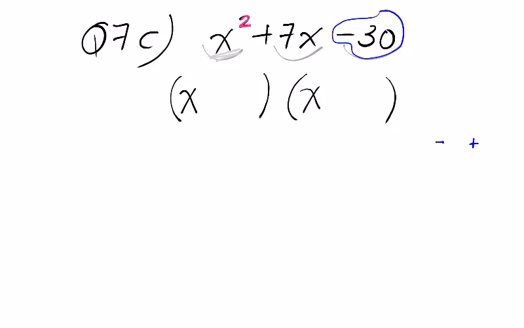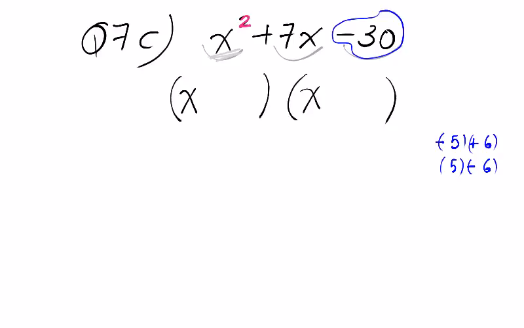So what are the combinations? We can list them in writing or in our heads. 30. Well, it could be negative 5 times 6. So 5 6s are 30. Or positive 5 and negative 6. If we are multiplying these two, we get negative 30.